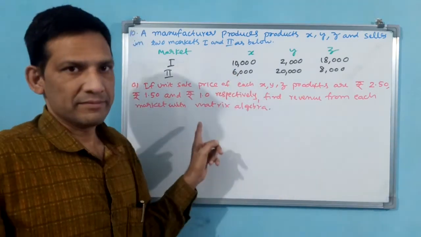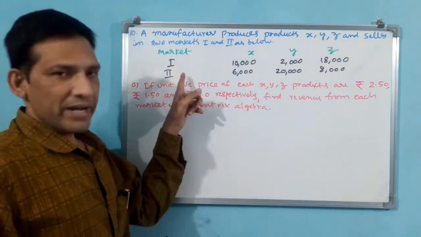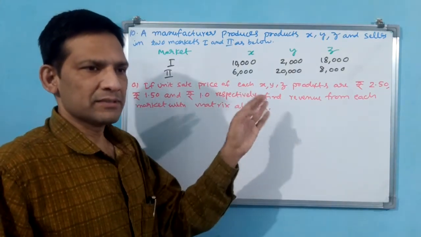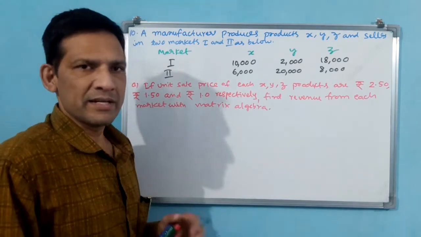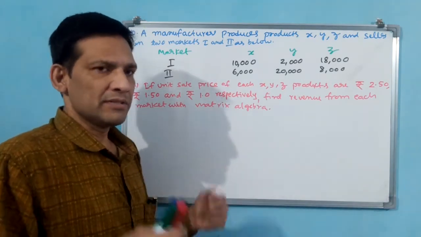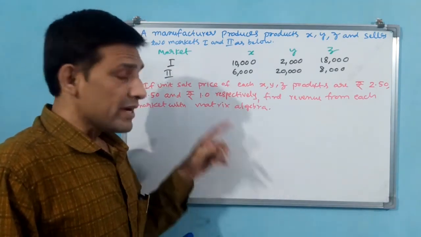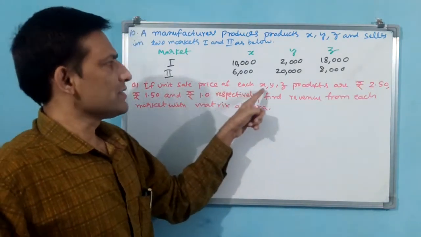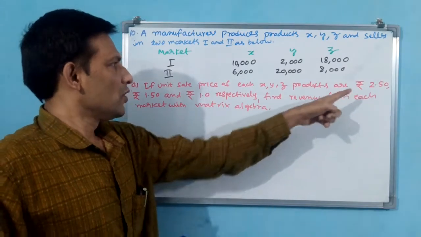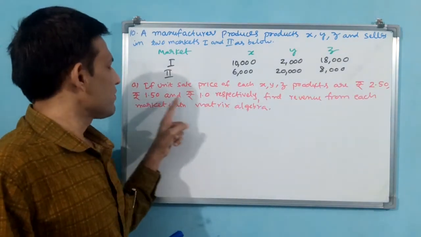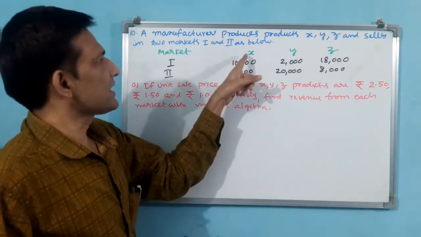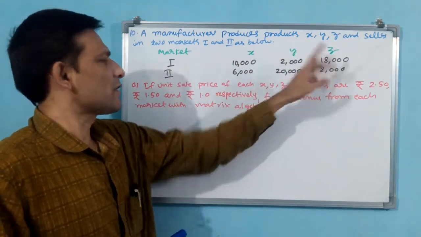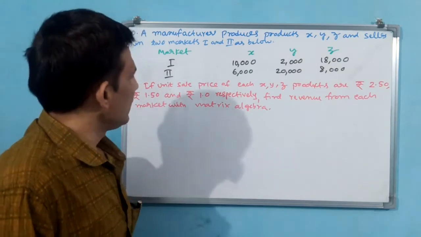In another market he sells a different quantity, depending on demand. And the rate is the same: the unit sale prices of each X, Y, Z product are 2.5 rupees, 1.5 rupees, 1 rupee respectively. That means X is 2.5 rupees, Y is 1.5 rupees, Z is 1 rupee.